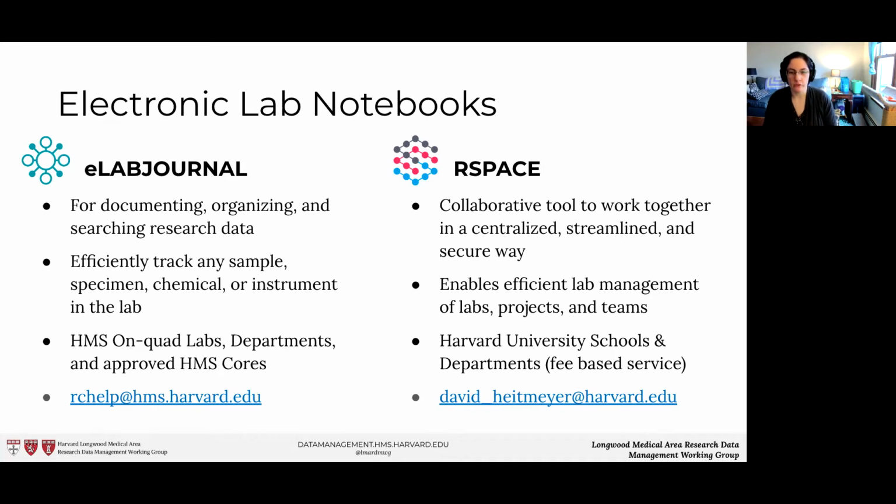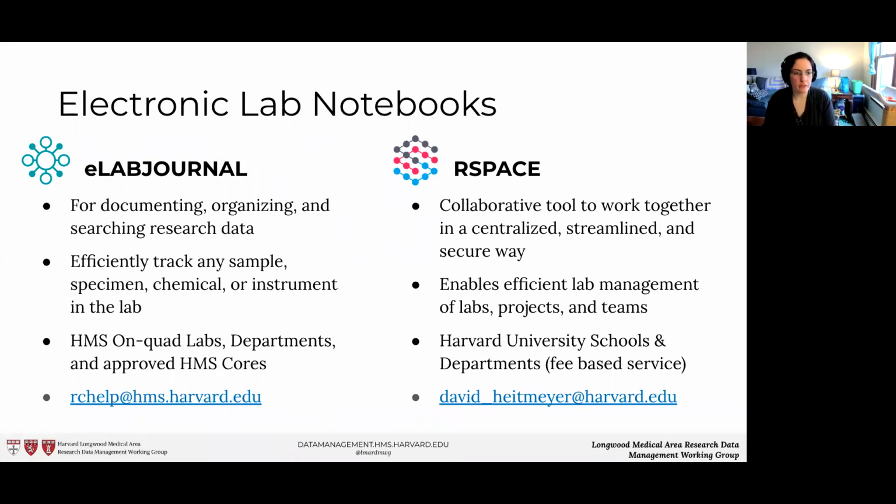Within the journaling part, you have a hierarchy of projects, studies, and experiments. RSpace is definitely less structured. You have more flexibility to be able to document your work, just create documents as needed or upload attachments.